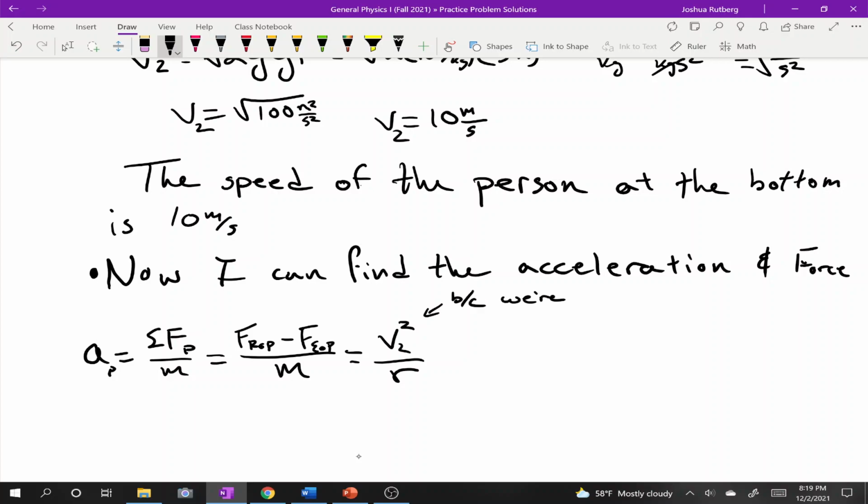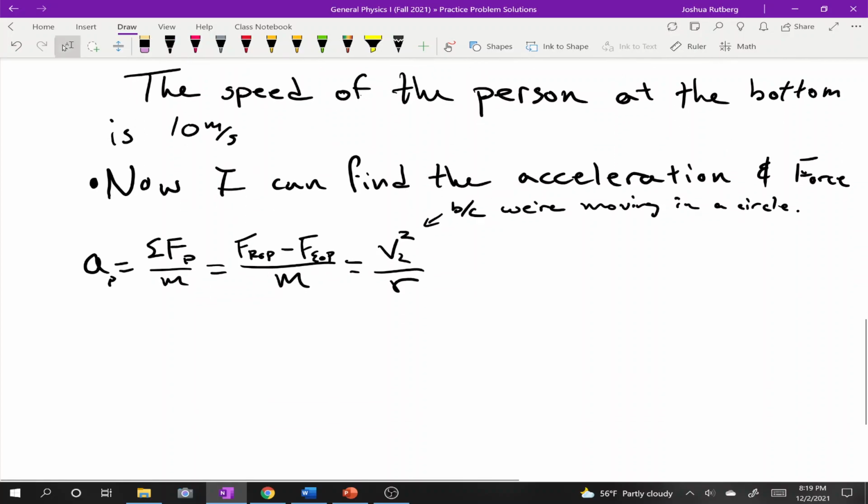And again, I've already checked that this is an equation I'm allowed to use. The sum of the forces does in fact point towards the center of the circle, and that's when I can use this equation. All right, and at this point I can just plug everything that I know in. So the force the rope exerts on the person minus the force the Earth exerts on the person, divided by the mass, is equal to, I'm just rewriting the exact same thing.